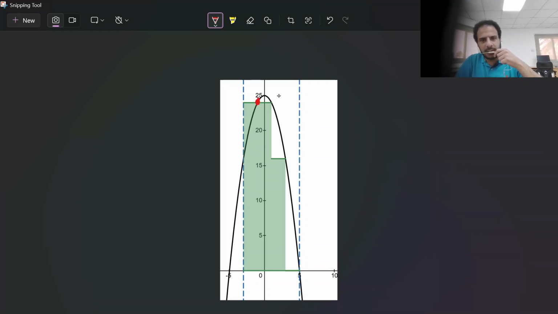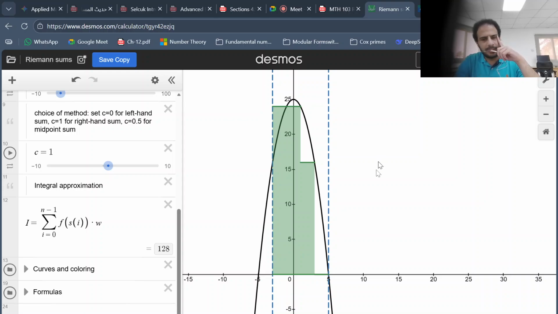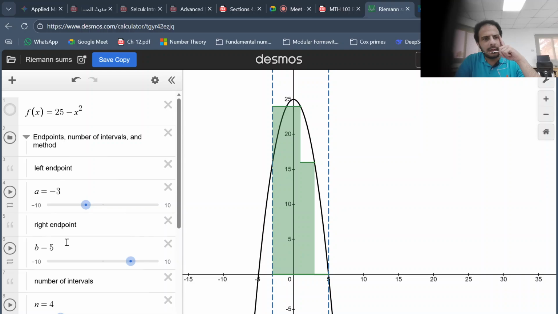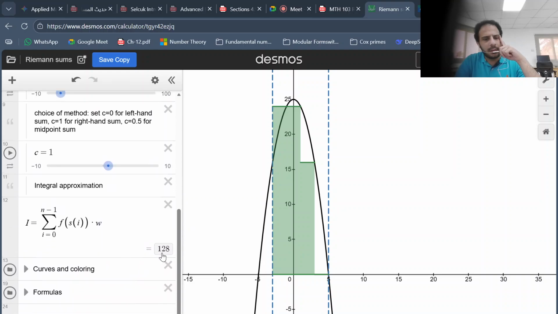Then this one, then this one, then this one. It's 0, so you don't have it here because it's 0, right? So here it's lower, I think it's a lower sum, right? Yes, it's a lower sum because see here, we don't have this here, we don't have this here. It's here, 128. The left endpoint was 160, right?